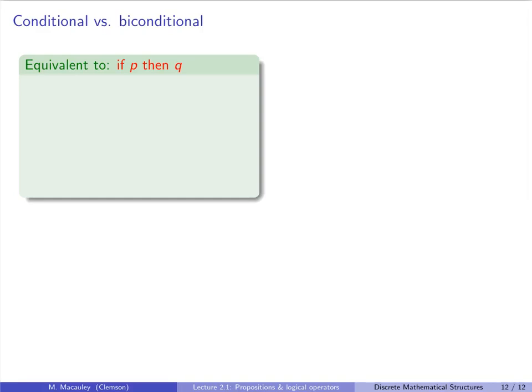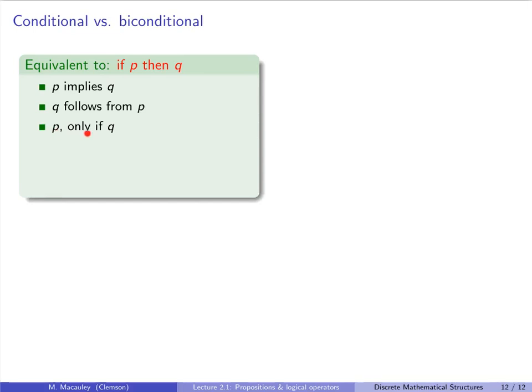Let's now summarize what we just learned, comparing conditional to biconditional statements. So the following things are equivalent to if P, then Q. P implies Q. Q follows from P. P is true only if Q is true.